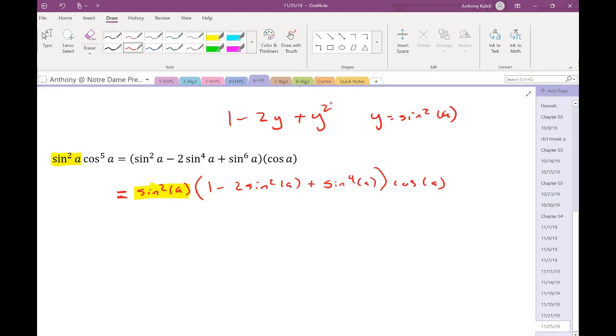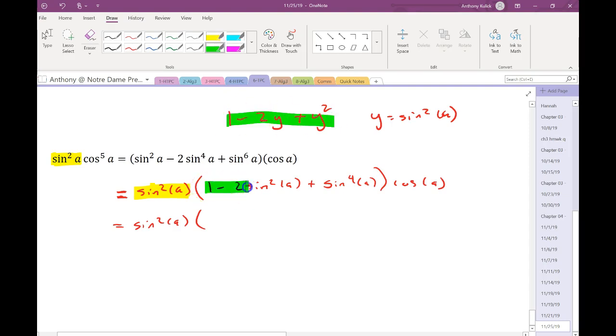How does that factor? You see how this is the same as that, right? So let's factor 1 minus 2y plus y squared. How does that part factor?